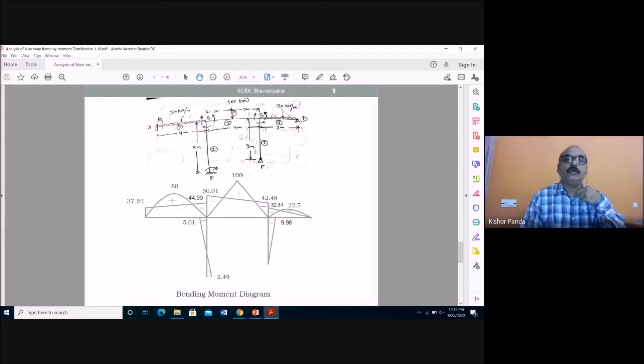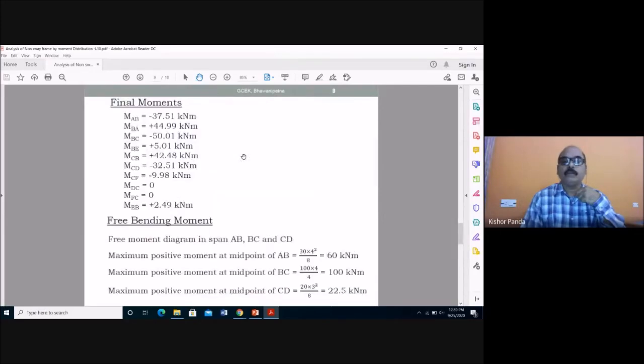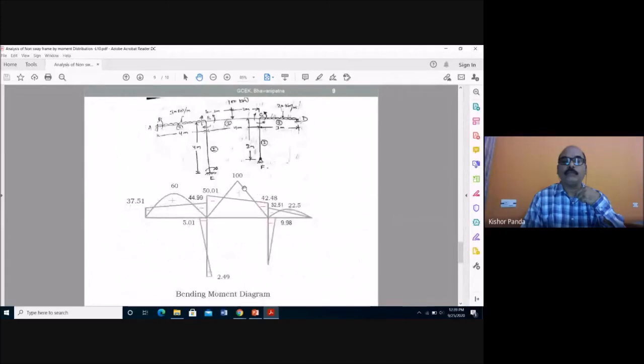Similarly here, due to the concentrated load at the midpoint, what is the maximum positive moment? WL/4, 100 kilonewton meter. This will be a triangle, and this is negative. This portion cancels, and here remaining negative, this is also negative, and this is positive.